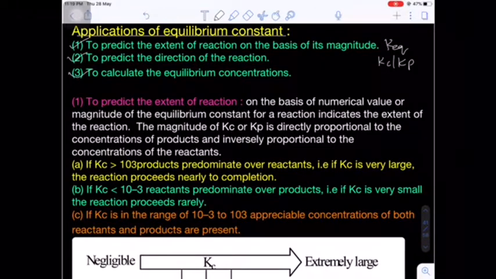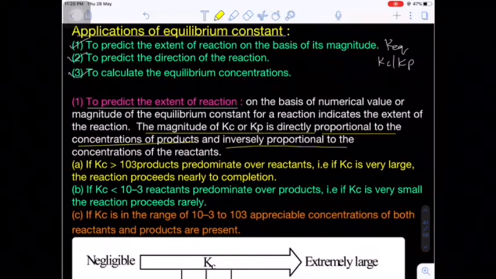Now, the first application is to predict the extent of reaction. On the basis of the numerical value or magnitude of the equilibrium constant, we can tell the extent of the reaction. The magnitude of Kc or Kp is directly proportional to the concentration of the products and inversely proportional to the concentration of the reactants.